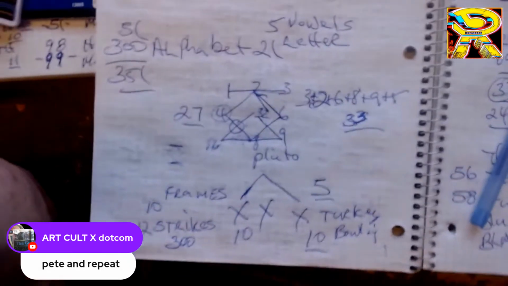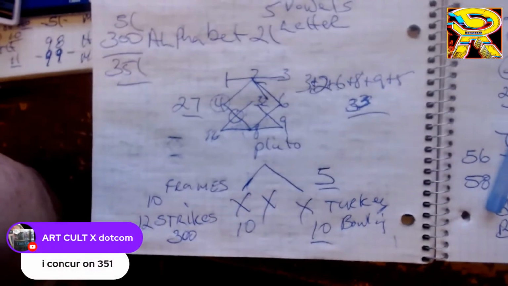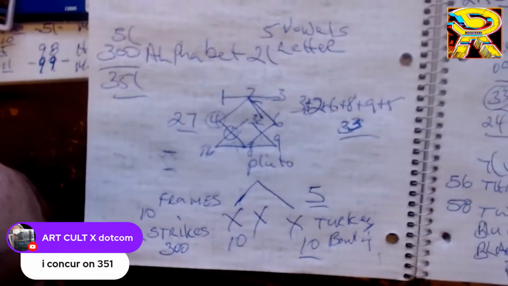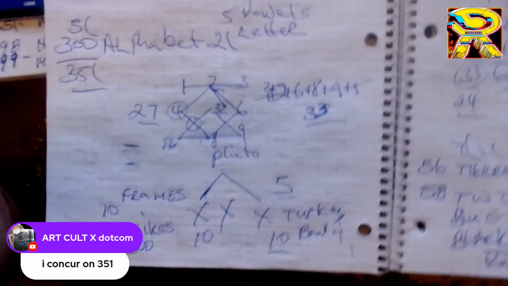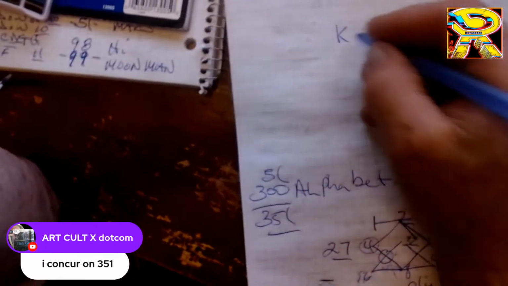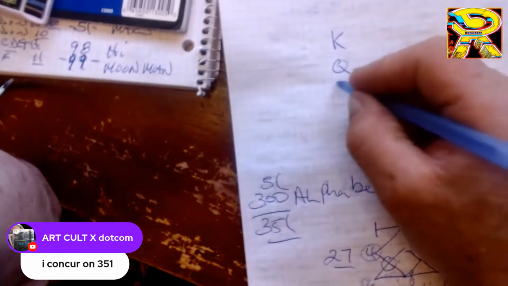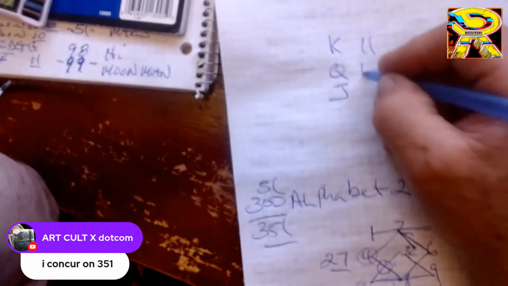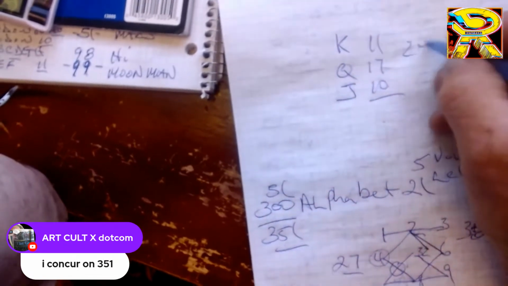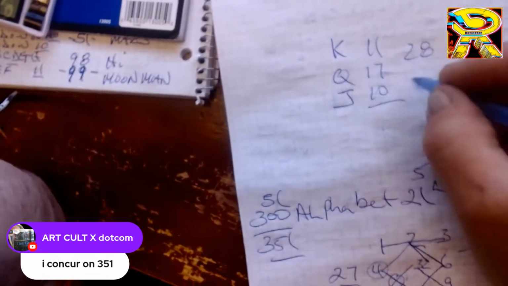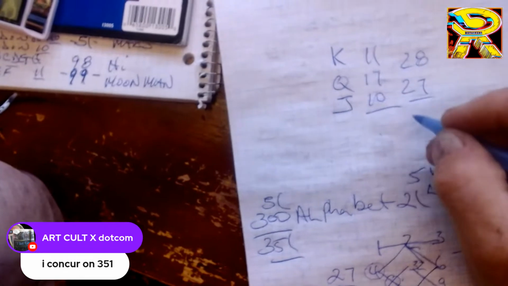351, you concur. Very good. Thank you very much. 351, we've got concurrence. So along with the king, the queen, and the jack, we now have the 11th, the 17th, and the 10th letter. If we have king, queen, we have the cycle in the moon. If we have queen, jack, we have the reverse alphabet.